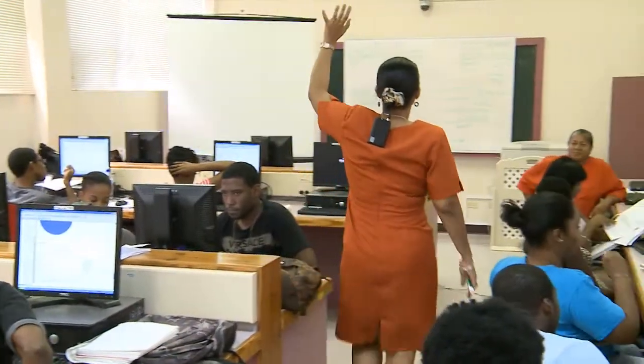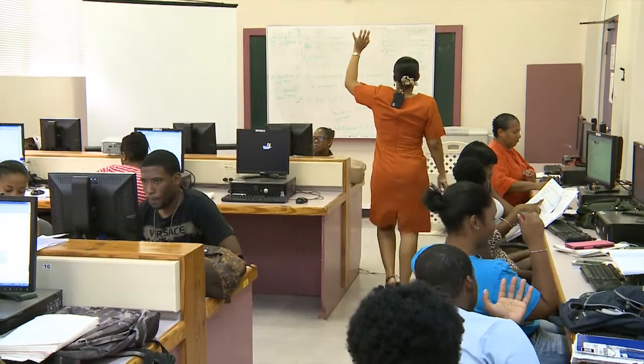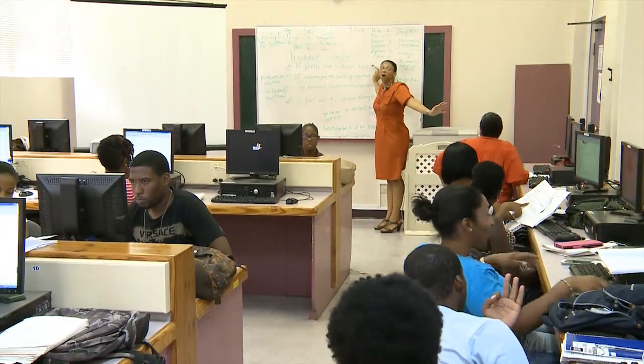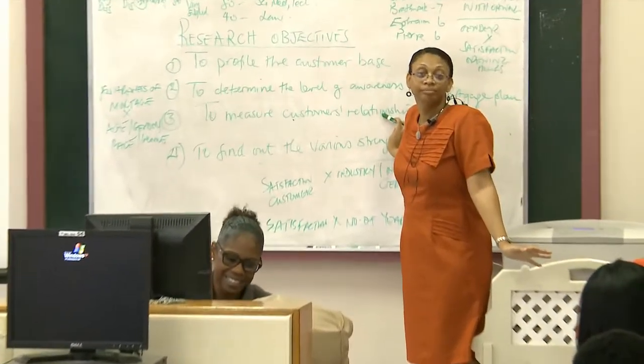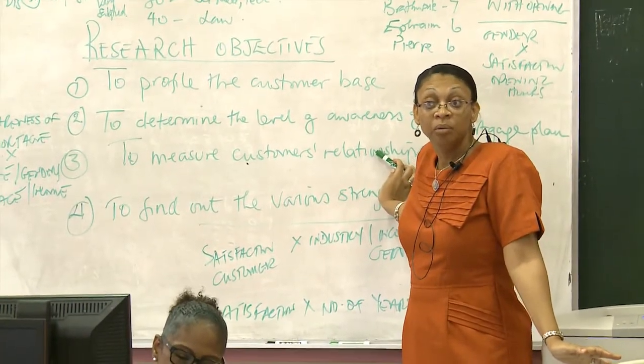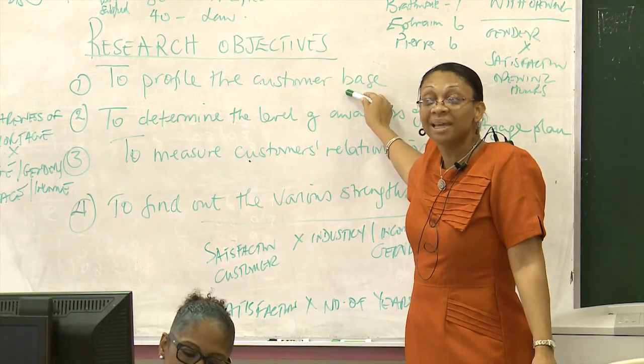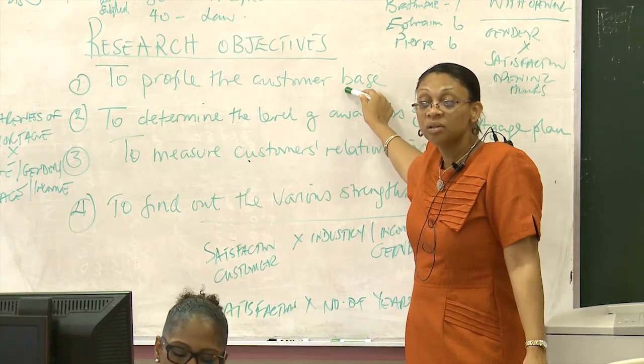Great. So we realize, believe it or not, you started to fulfill all of these research objectives. Haven't you? You can tell me who their average customer is. Right, Mr. Licorice?